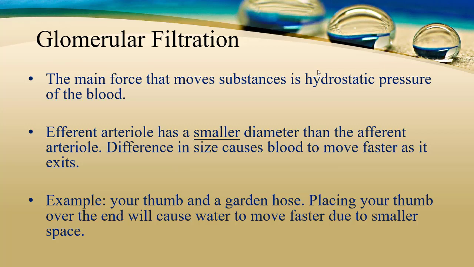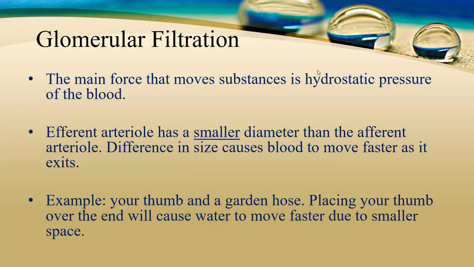An example that I give to demonstrate that is putting your thumb over running water in a garden hose. When you put your thumb over the end of that hose, the water will speed up because the space that it has to travel through is much smaller. That lowering of the space means the velocity of the fluid has to increase.